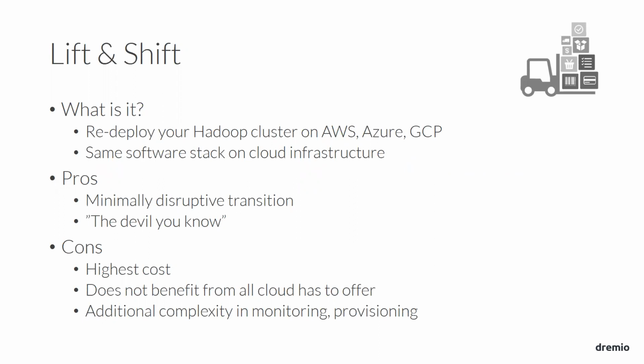And really what this involves is running the same software stack on the cloud infrastructure. Hadoop consists of maybe 20 different open source projects that are running in harmony, or at least with the goal of running in harmony, and basically running that same stack on EC2 instances, for example.